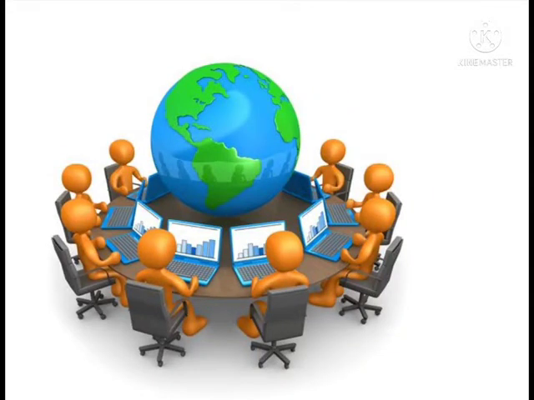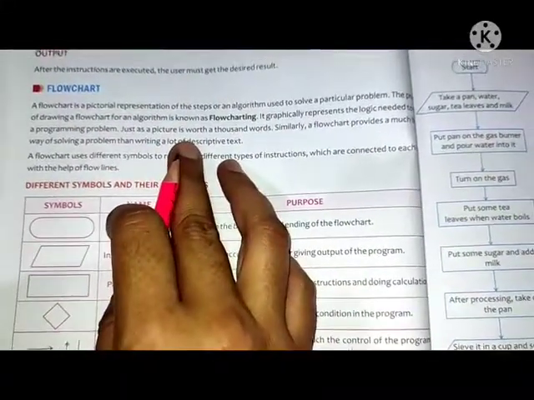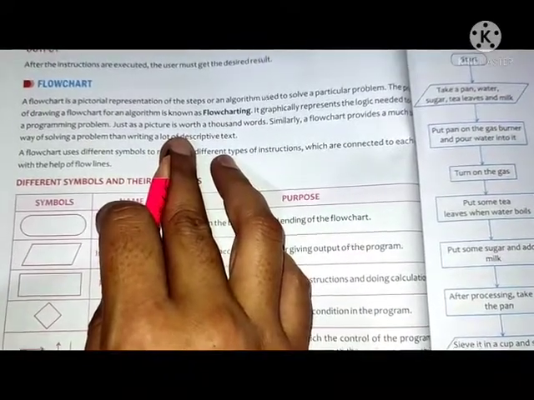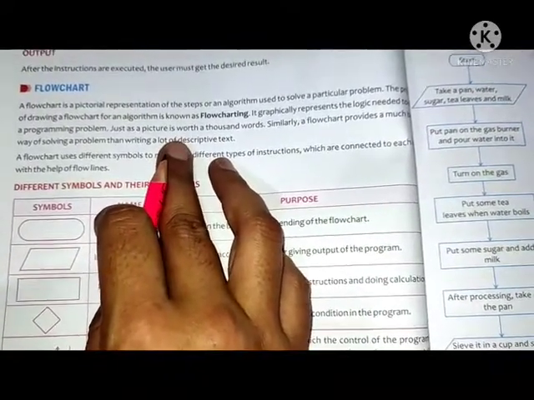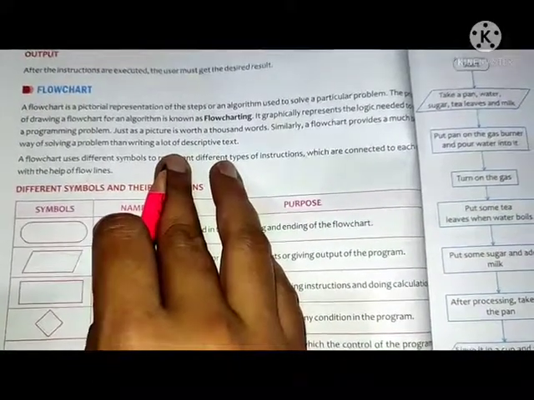Today we are going to start our next topic, that is flowchart, from the 4th chapter, Algorithms and Flowcharts. Flowchart is a graphical representation of the steps that are included in the algorithm to solve a particular problem. Students, we are making an algorithm to solve a particular problem.